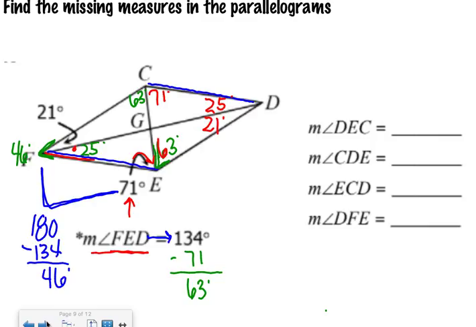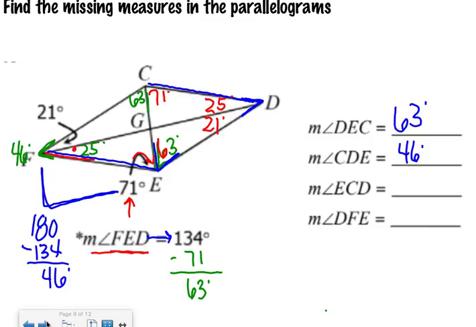Alright, let's just see what we were being asked to find. Measure of angle DEC. So trace out DEC for me. DEC, 63. CDE. CDE is this big corner angle. So 25 plus 21 gives me 46. ECD.